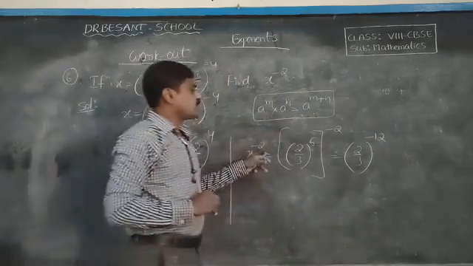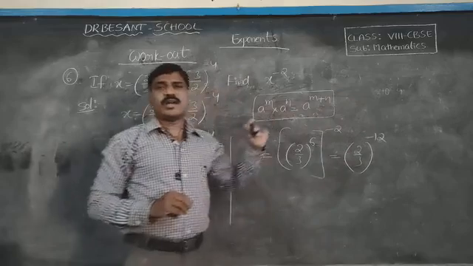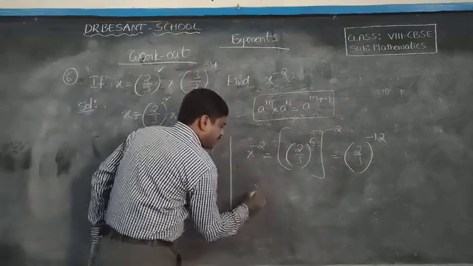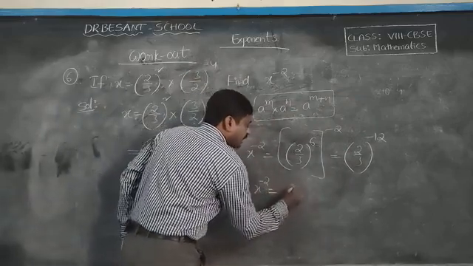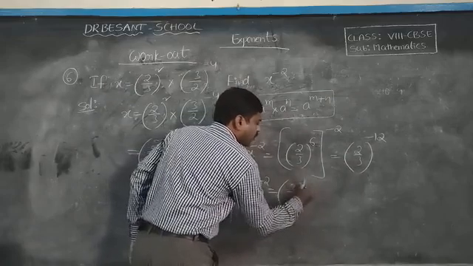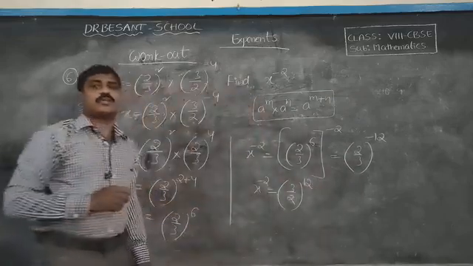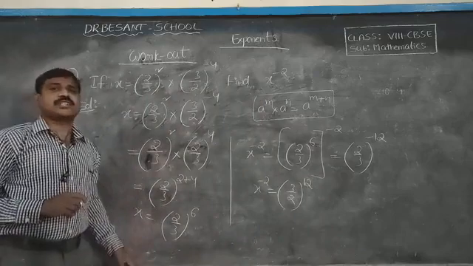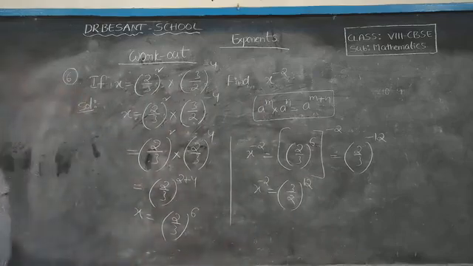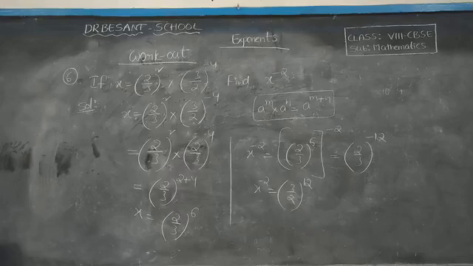So x power minus 2 is equal to (2/3) whole power minus 12. This one we can write (3/2) whole power plus 12. I hope it's very clear, children. Note down. Next, problem 7. Now I will explain problem 7.